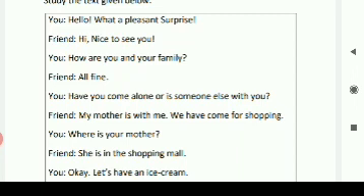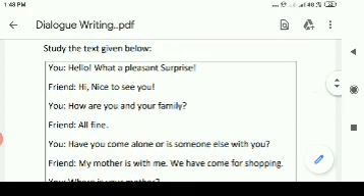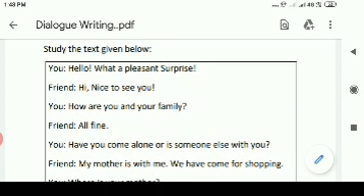Now, something that suits the situation is very important. That's why the first thing you have to recognize is that it must be put in a table. Okay, now see here, you versus your friend. Another thing that is again very important: whenever you are making a dialogue, you have to take care of punctuation marks, all types of marks.